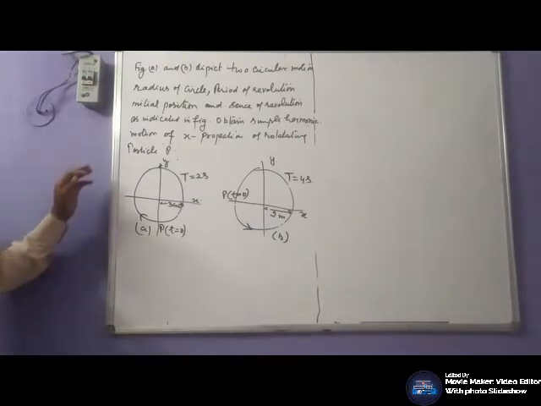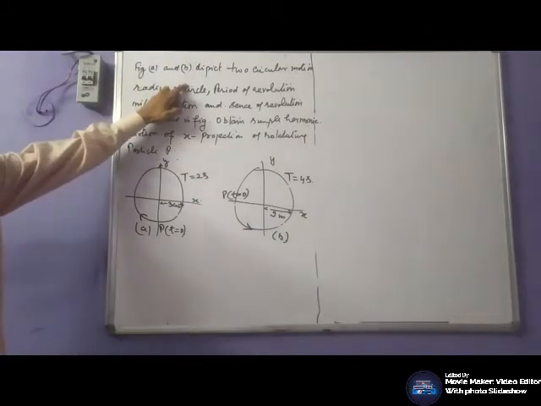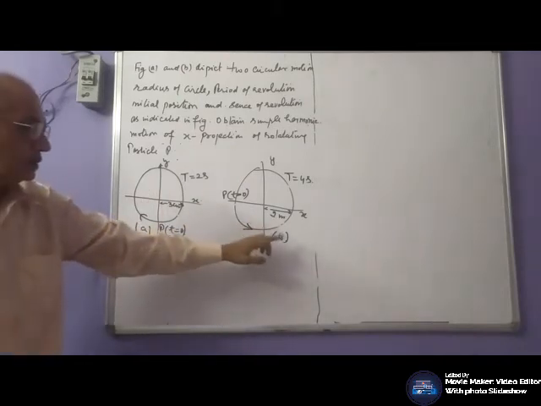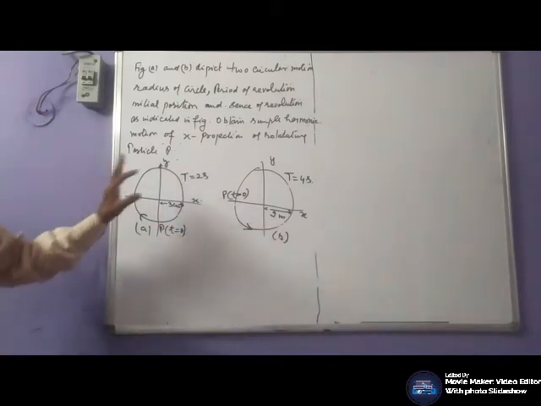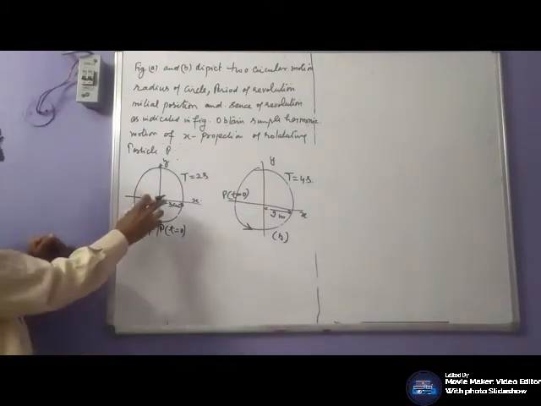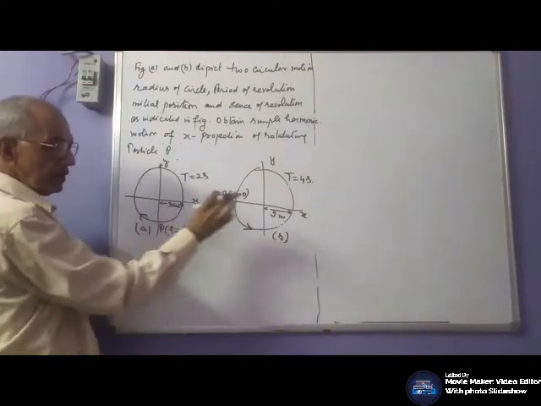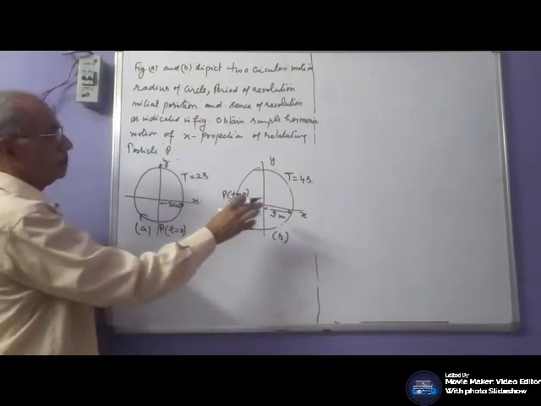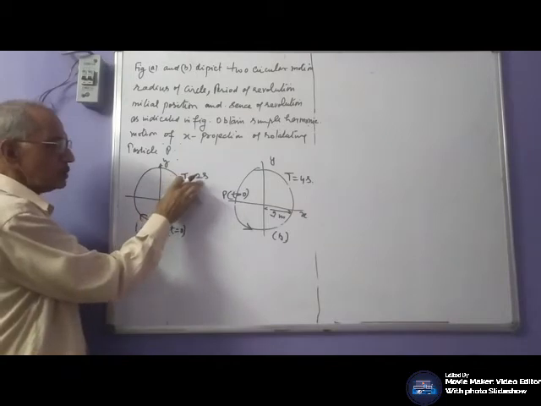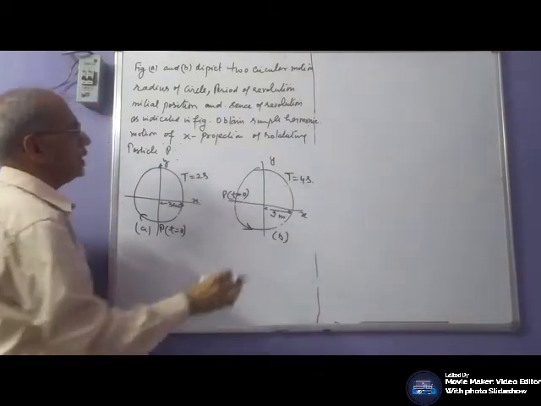Now again a question. Figure 8b depicts two circular motions. This is figure A, this is figure B. They depict two circular motions. Radius of circle, here it is 3 centimeter, here it is 2 meter. Period of revolution, for A 2 second, for B it is 4 second.